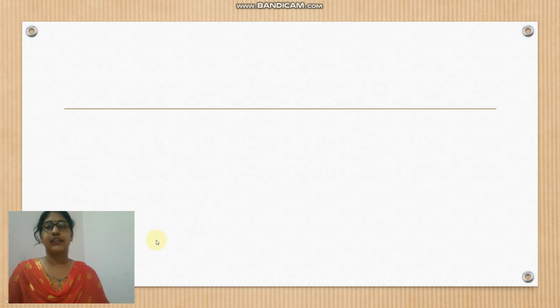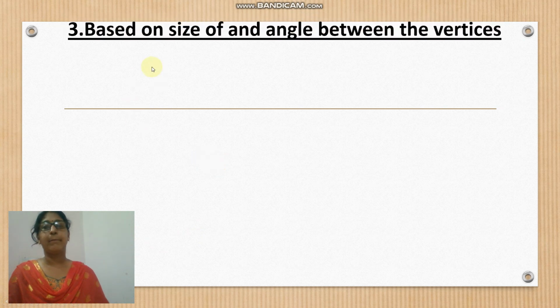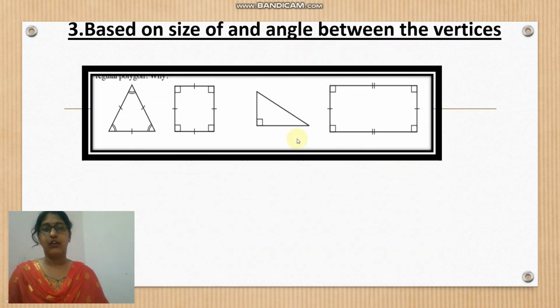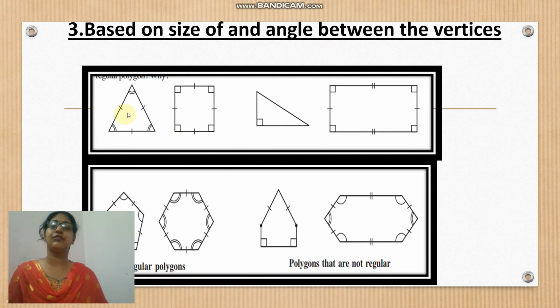The next type is based on the size of the angles and sides. When we observe these figures, this is an equilateral triangle because it has three equal sides and three equal angles. Any figure with equal sides is said to be equilateral, and if it has equal angles, it is said to be equiangular.